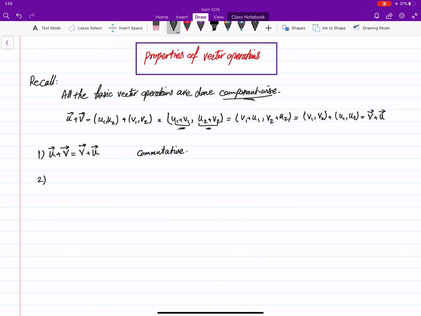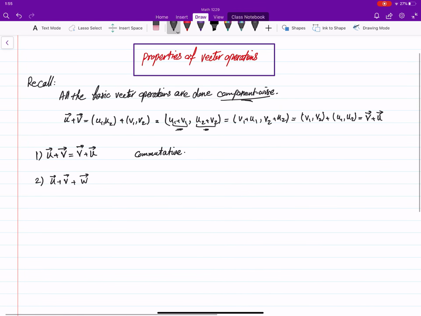The second property is a very nice one. You won't notice if you don't think very carefully. So if I know how to add two vectors, but how about three vectors? Well, if someone gives you this, you have to break it into addition of two vectors and then add the result with the third one.